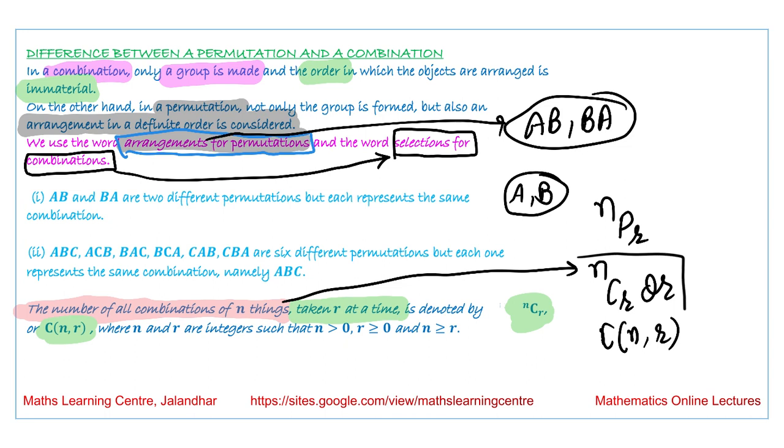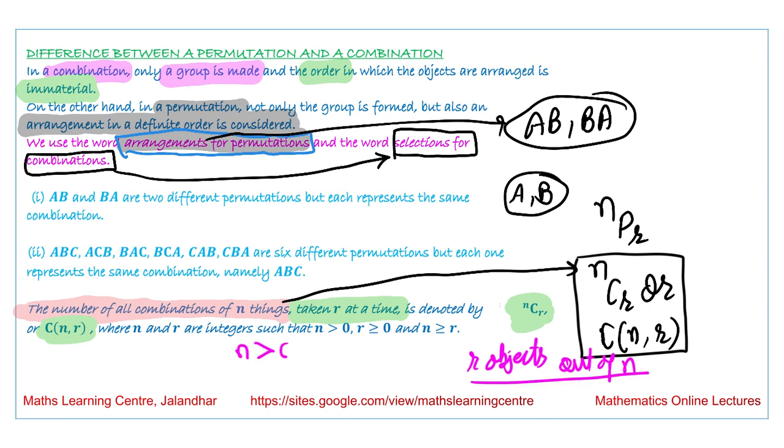Both these notations correspond to selecting r objects out of n objects. The conditions here are that n should be greater than 0, r should be greater than or equal to 0, and n should be greater than or equal to r.